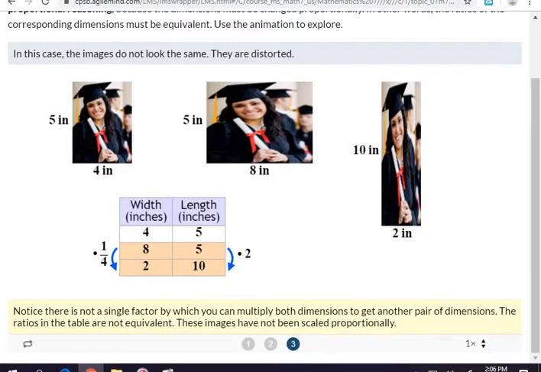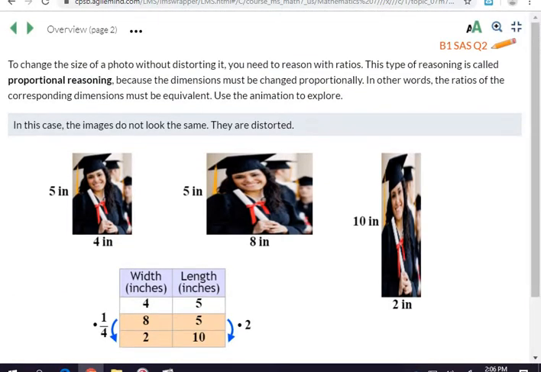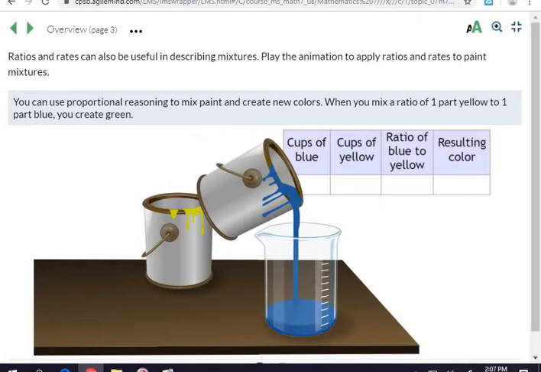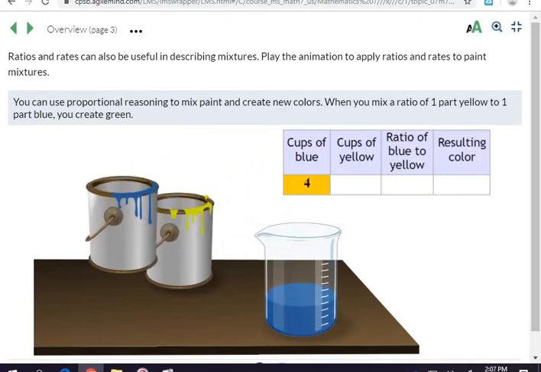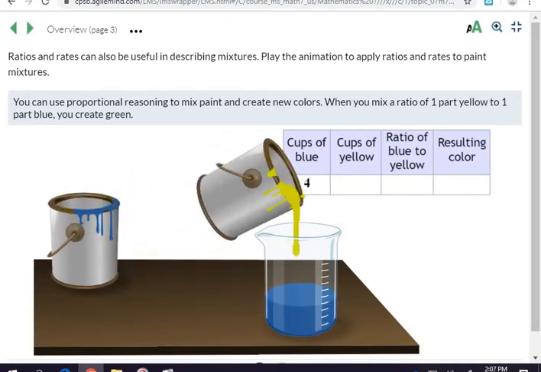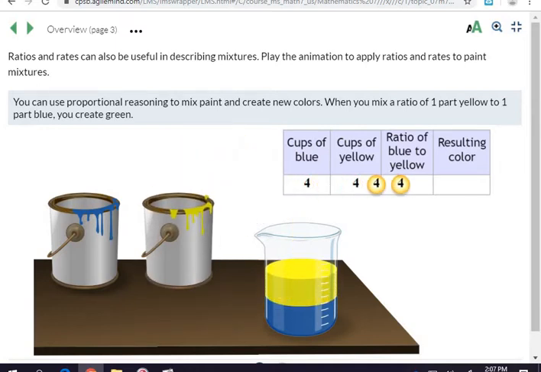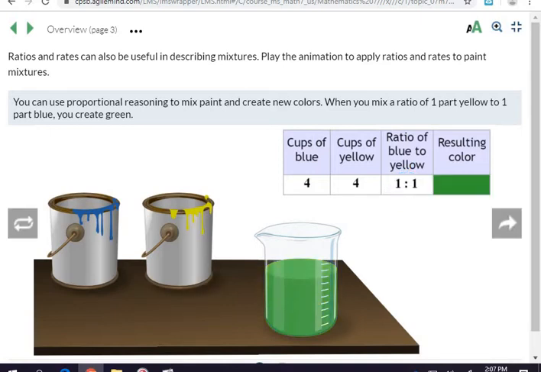All right, let's look at some paint. They're pouring in some blue paint, 4 cups. Then they're pouring some yellow paint, 4 cups. They find that the ratio is 1:1, and it results in that green color when stirred.